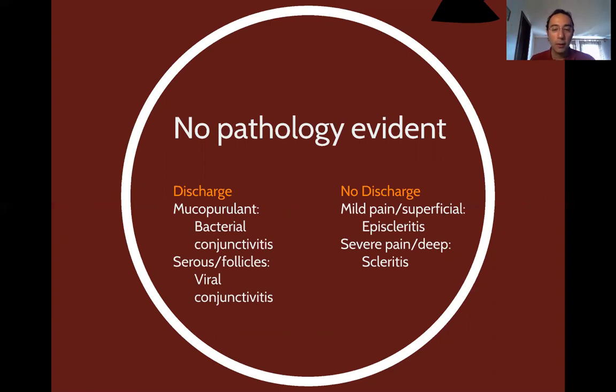If there are follicles and the discharge is serous, then it may be viral conjunctivitis. If there is a papillary reaction and the discharge is serous and there is itching instead of pain and staining, then it may be an allergic reaction. If there is no discharge and there is pain, it may be a spectrum of episcleritis and scleritis.